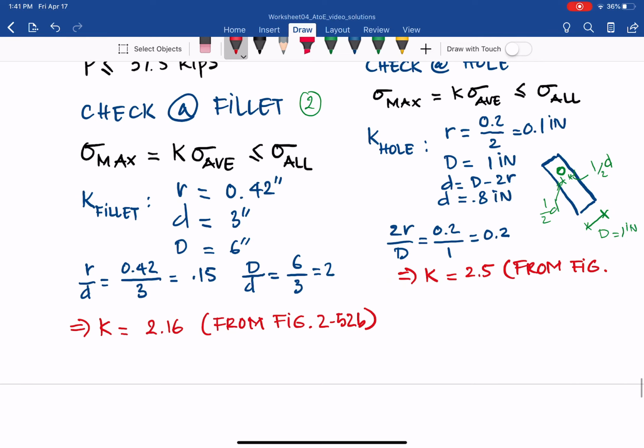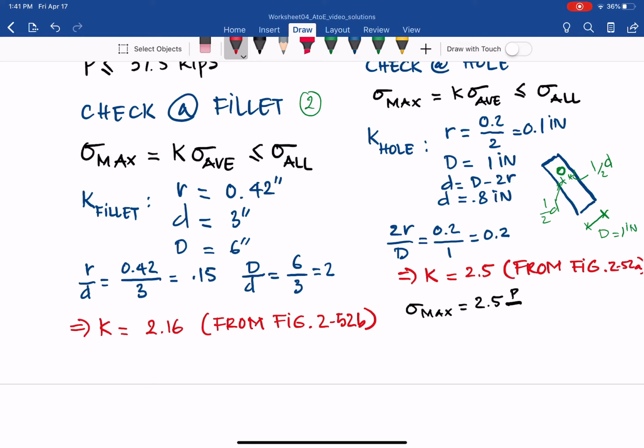So from that we can go ahead to find out the sigma max and compare it to sigma average. So from that we have sigma max equal to K, 2.5, times P over A, from figure 252A.